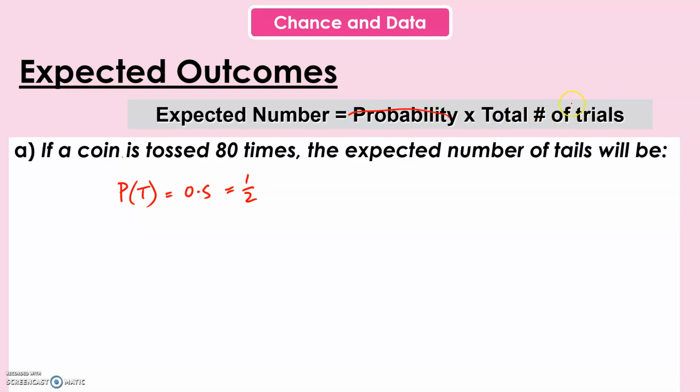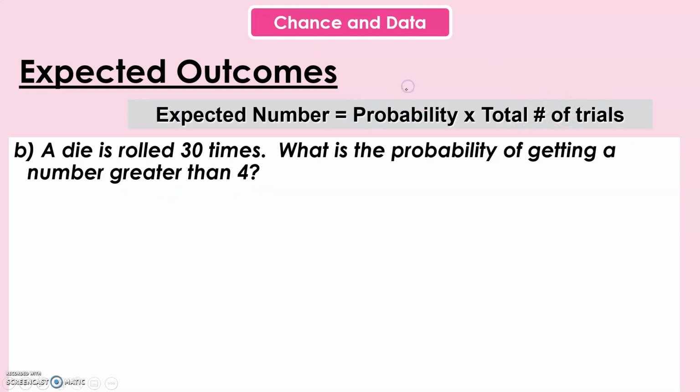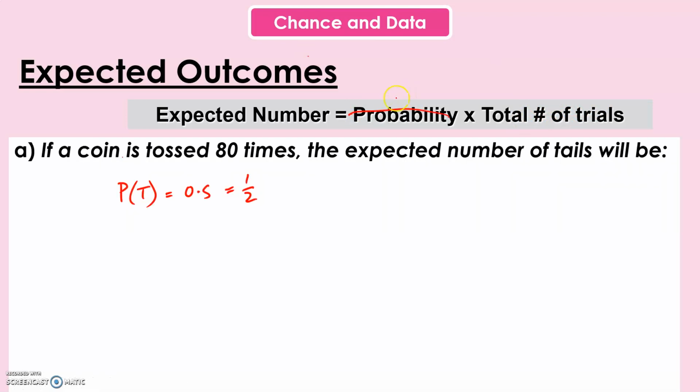The other thing we need to think about is the total number of trials, which is 80 in this case. So the calculation becomes really easy to write. So the expected number of tails is equal to 0.5 times 80, which is equal to 40.